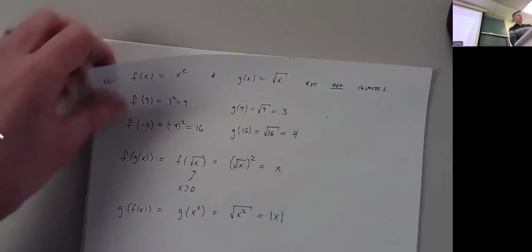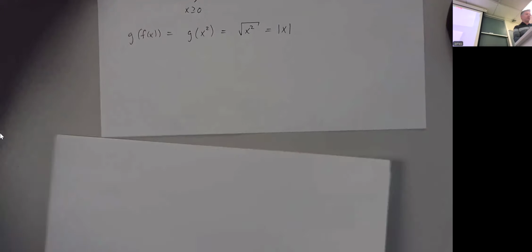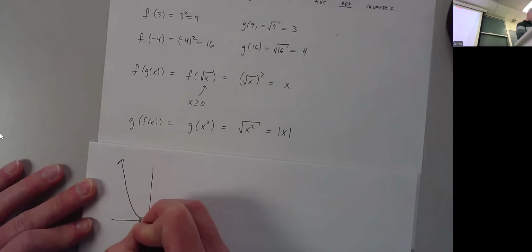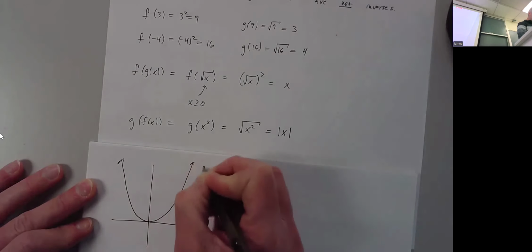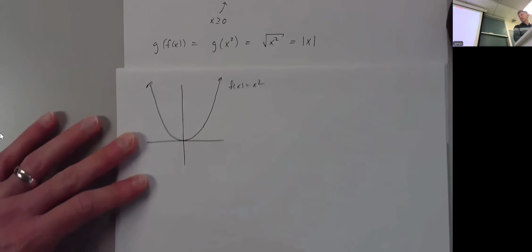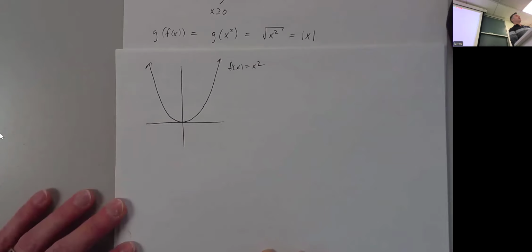The real problem here is that one of these functions is violating something that we need it to not violate. Specifically here, f of x equal to x squared. Oh, sorry, that looks terrible. Violates the horizontal line test.